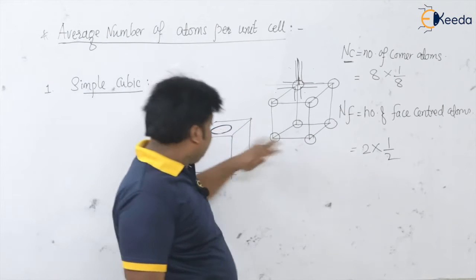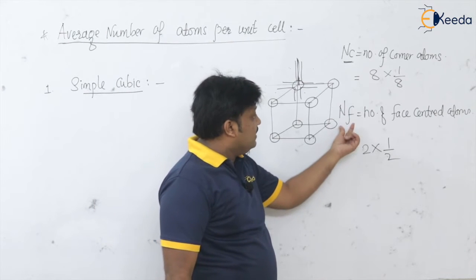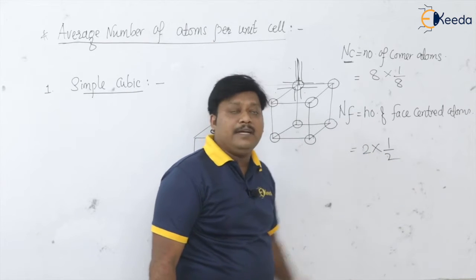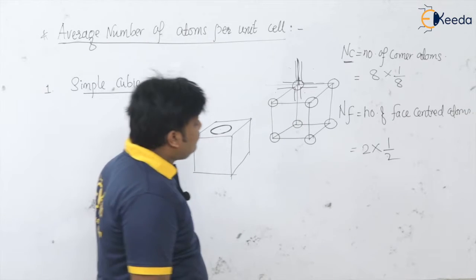So please remember, whenever there are face atoms, you should get the number of face centered atoms like this, that is 2 into 1 by 2. We are talking about cubic crystal structure.